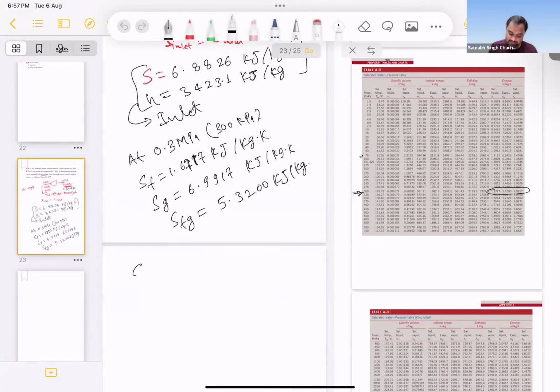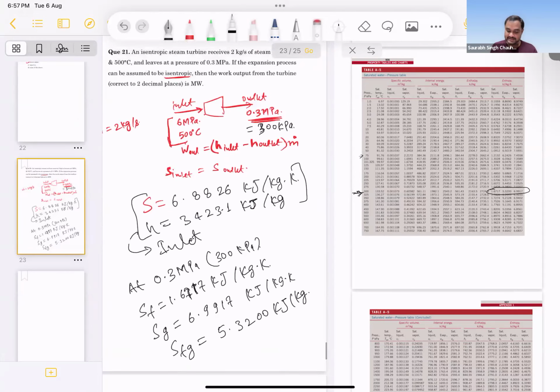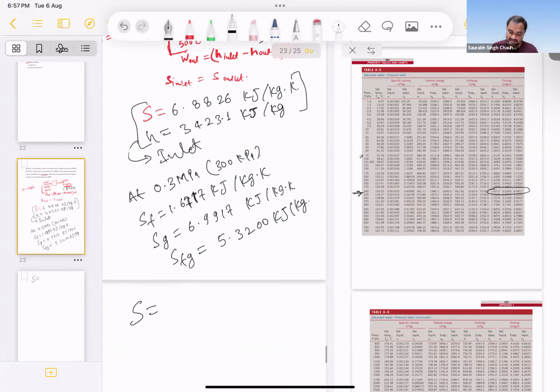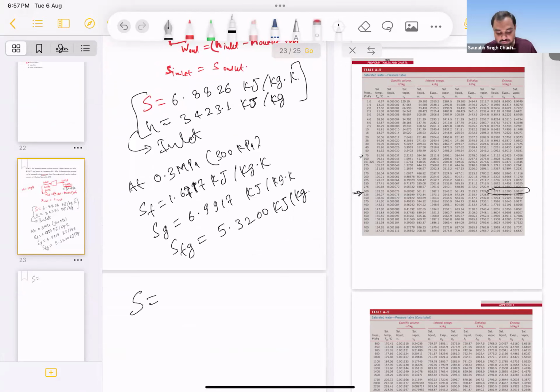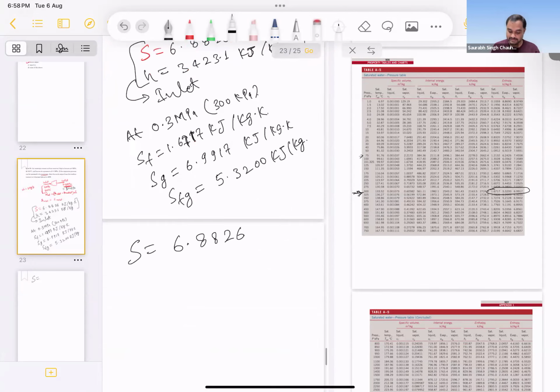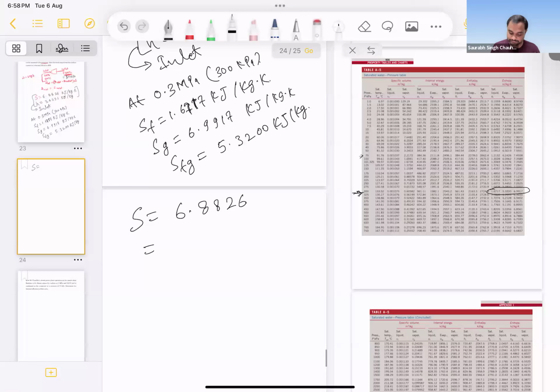And S at this point is what? S of outlet will be equal to S of inlet, and S at inlet we have found to be 6.8826. So this S will be equal to Sf plus x into Sfg, where x is the quality.